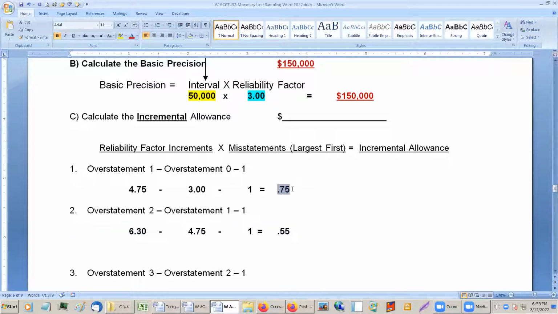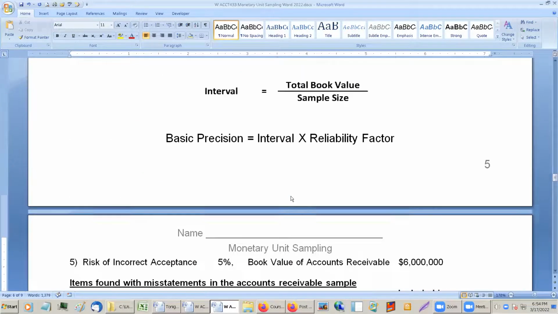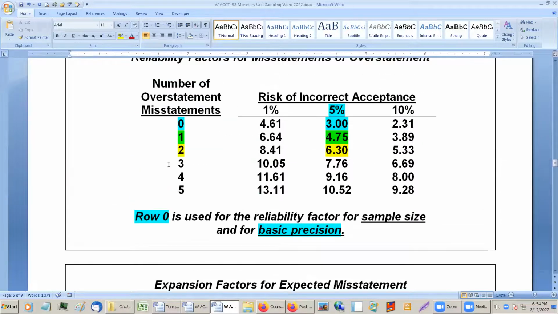So this is going to be the incremental, and I'll show you how we're going to use that in a second. We don't have a third overstatement, but I'm going to go ahead and do the third one just to bore everybody a little bit more. Okay, so this one would be, say, 7.76 minus 6.30.